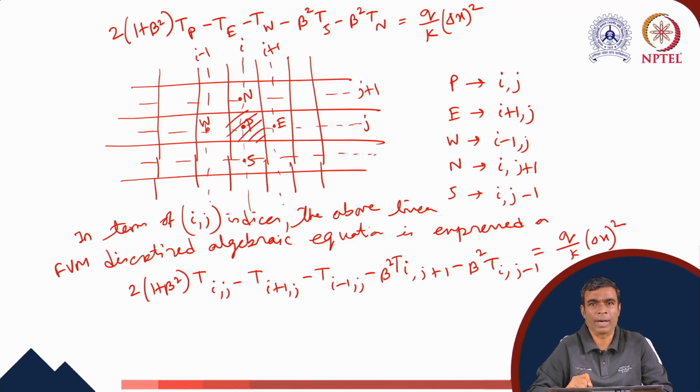So for a Cartesian mesh, we have the same generic form of the discretized algebraic equation when we use finite difference as well as finite volume methods.